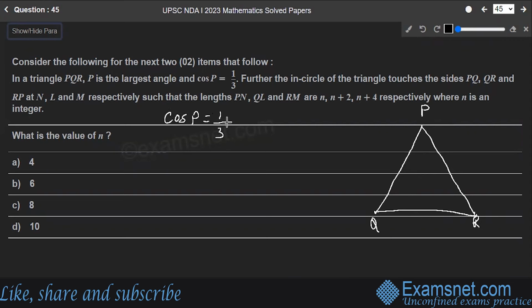Further, the incircle of the triangle touches the sides PQ, QR and RP at, okay, there's an incircle. Let's make the incircle first. This is the incircle. I'm not good at drawing actually.